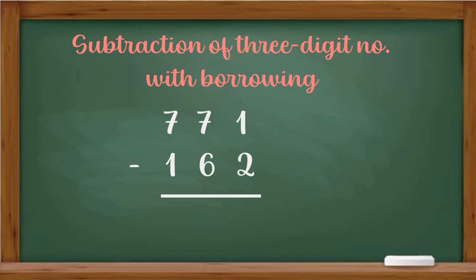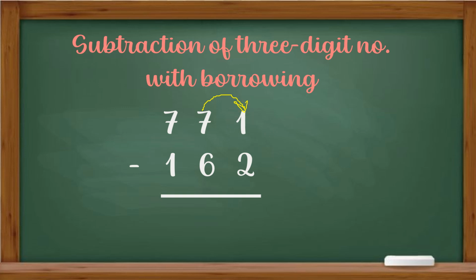We need to borrow from 7. When we borrow from one number, we have to put 1 in front of the number. Like when I am borrowing from 7, I will put 1 in the front of this digit 1.